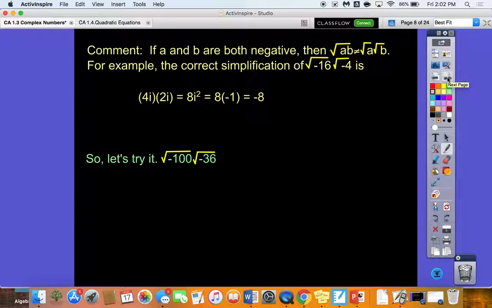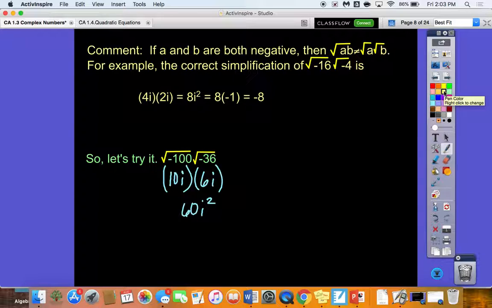Okay, if you've got problems like these, you do need to simplify the complex number first. So do these, reduce the radicals like we just did. That would be a 10i times 6i. Now when you multiply them, you got 60i squared. Now the rule of thumb is you're not allowed to leave any problem with i with a power greater than 1.